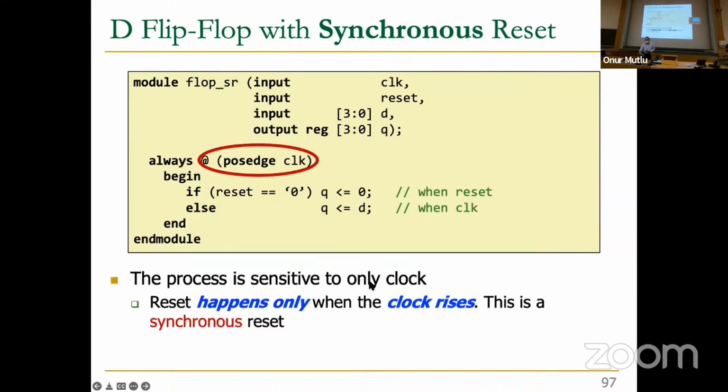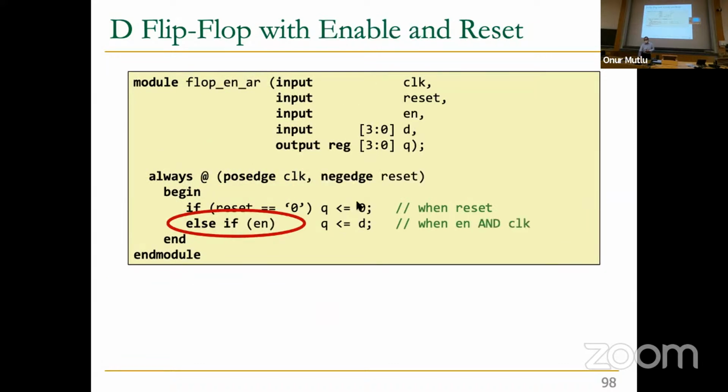Okay, there are many different types of flip-flops. Very quickly, we also had an enable signal. This is an asynchronous D flip-flop with an enable signal also. So you can basically make things more complicated. What's an enable signal? Enable signal says if the flip-flop is not enabled, then you're not going to sample the input value and propagate it to the output value. Only if it's enabled, you do it.